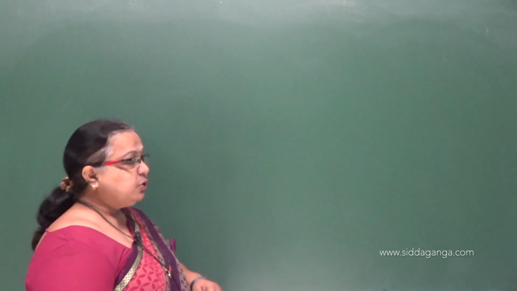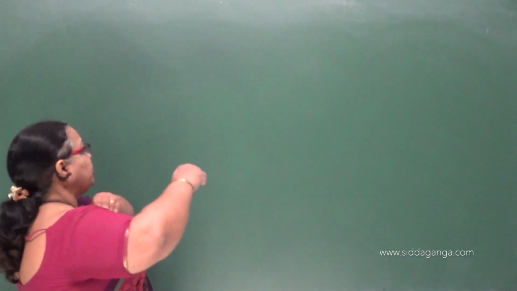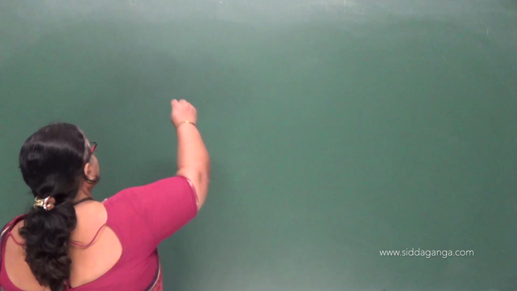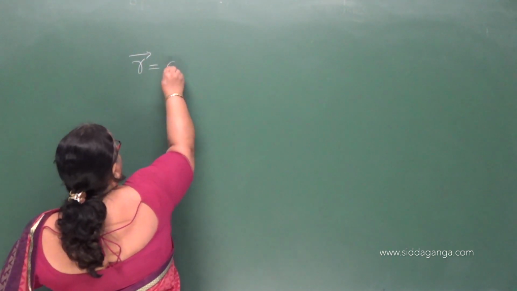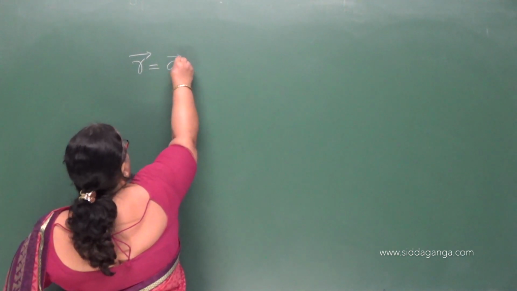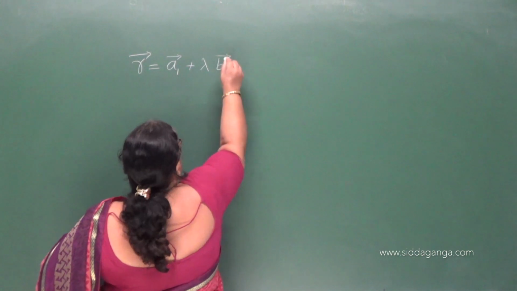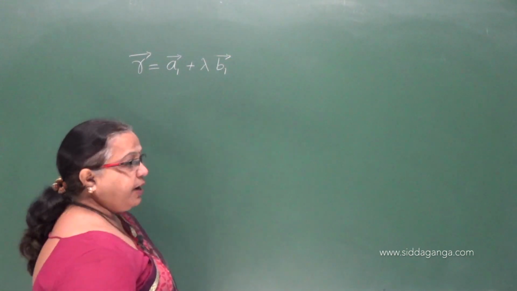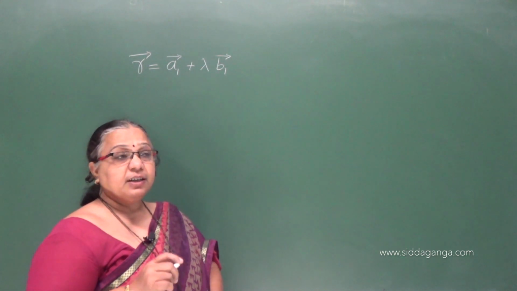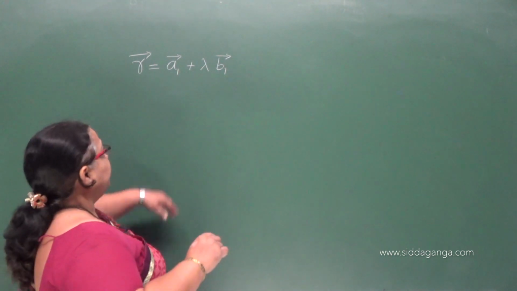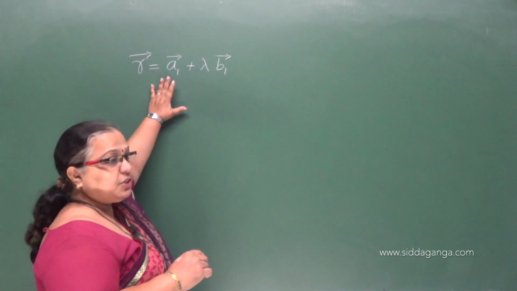So according to the first theorem, the equation of the line passing through a given point whose position vector is vector a1 and it is parallel to vector b1, we have to consider the two equations of the lines, vector r, according to the theorem 1 statement.